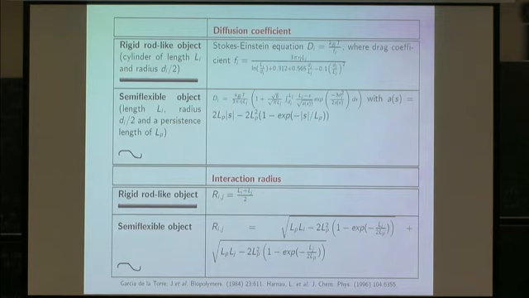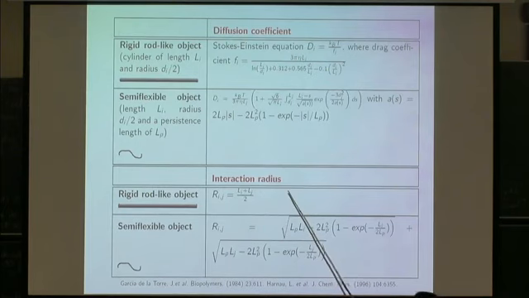And that comes from this paper. And after, for the semi-flexible object, I use this expression for the diffusion coefficient coming from the semi-flexible theory. We can go through all the details. I can give you the reference if you want.